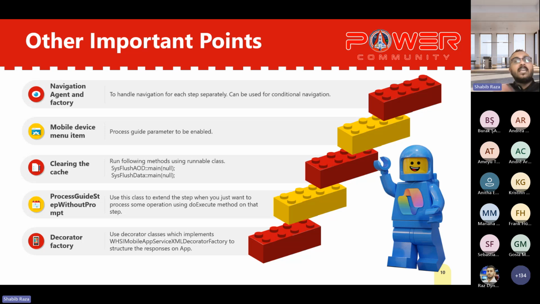The next important point is clearing the cache. This has given me the nightmare. When you want to add any additional step in the previously developed mobile app, it will not reflect. Even if the compilation is fine, everything is fine, your code is reviewed, it will not appear in the mobile app because the cache has not been flushed.